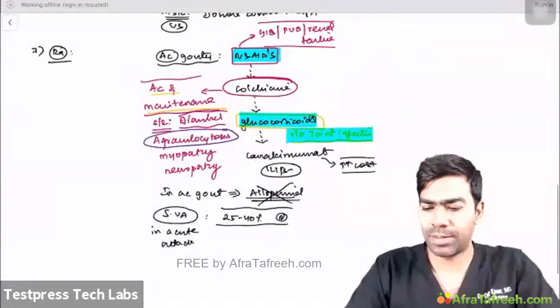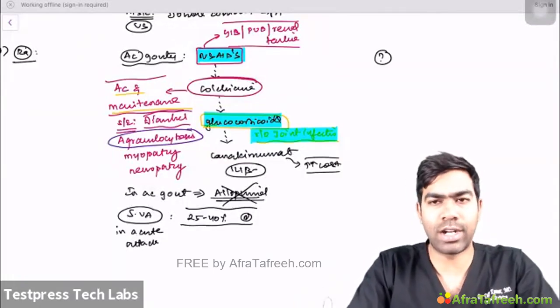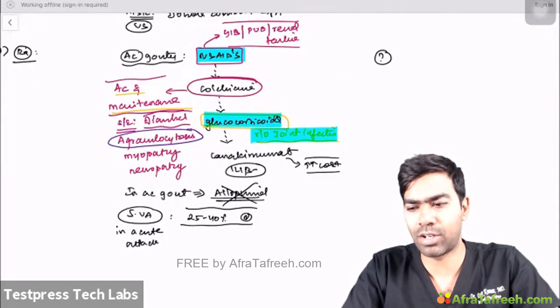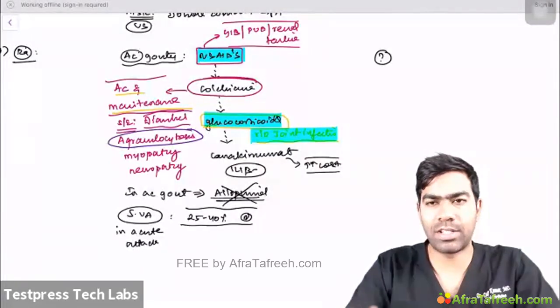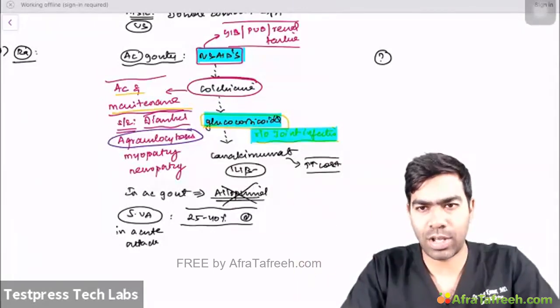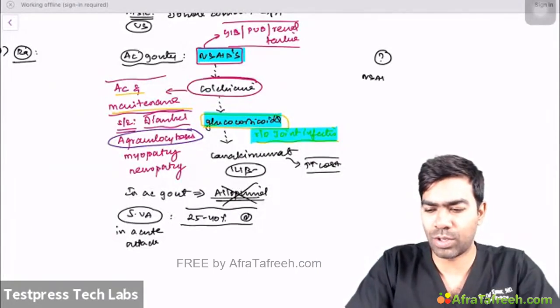But as far as pseudogout is concerned, we don't really know how to treat an acute pseudogout because we don't have any trials or data to tell for sure what the treatment of pseudogout is going to be. Nevertheless, the treatment is just extrapolated from acute gouty arthritis, which means the same thing we are going to use in pseudogout also. NSAIDs work very well in pseudogout. Steroids work very well in acute pseudogout.